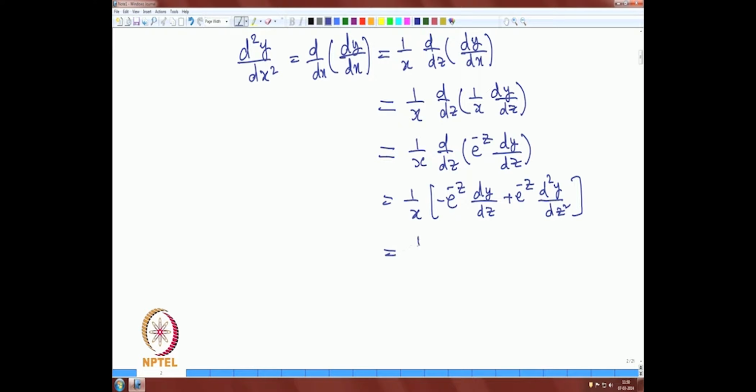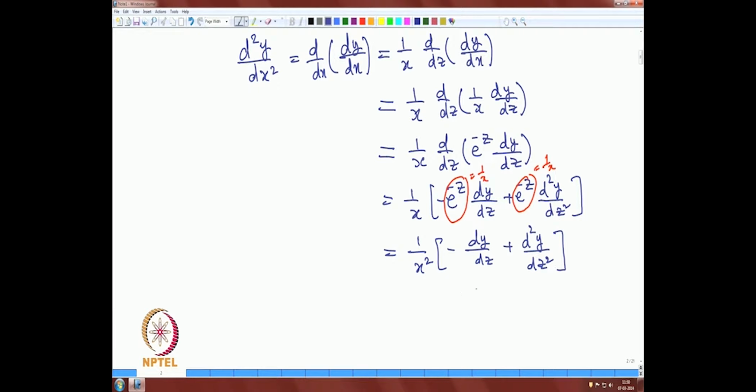Since e to the power minus z is 1 by x, we can take 1 by x outside. This gives me 1 by x square into minus dy by dz plus d square y by dz square.